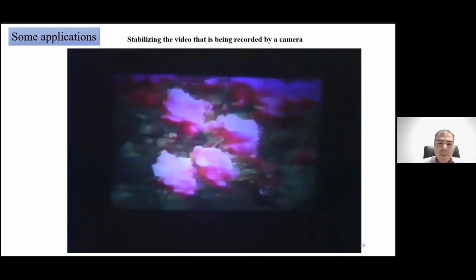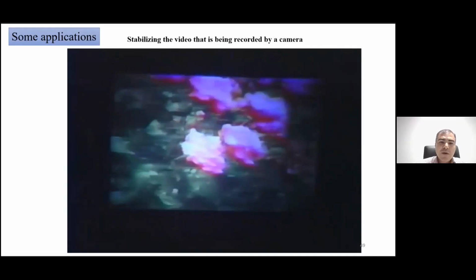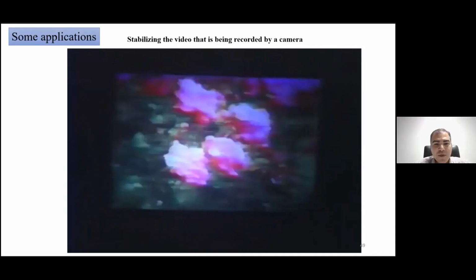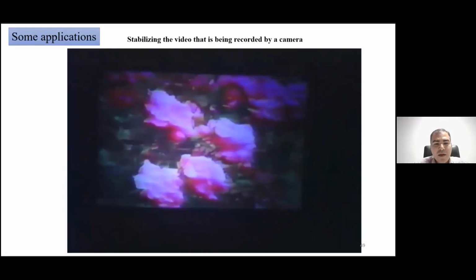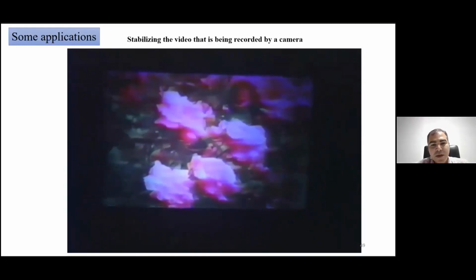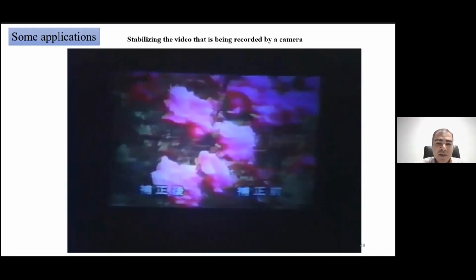And now the stabilizer is off, and now yes, it shows the difference between, and now the stabilizer is on.